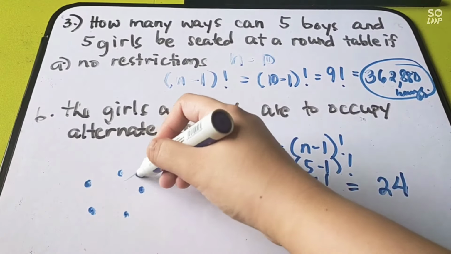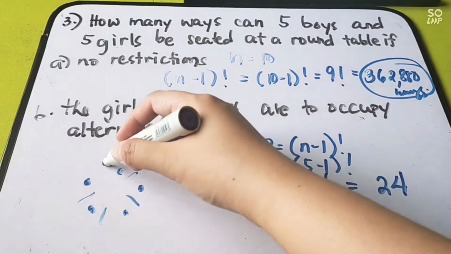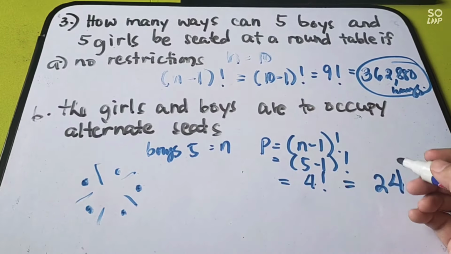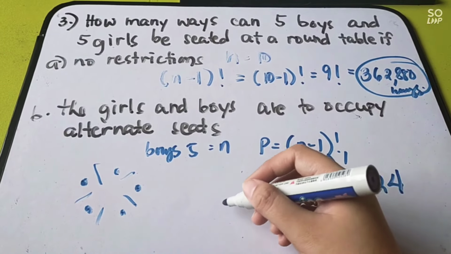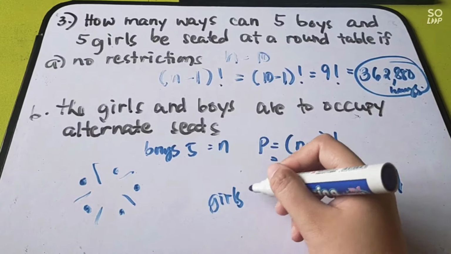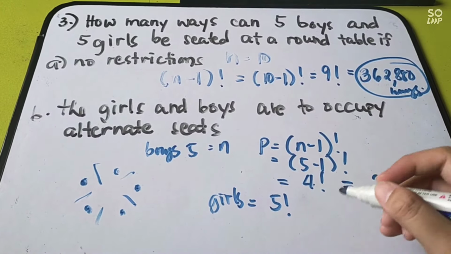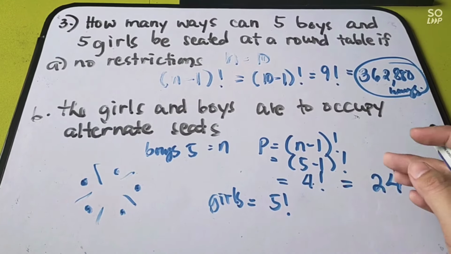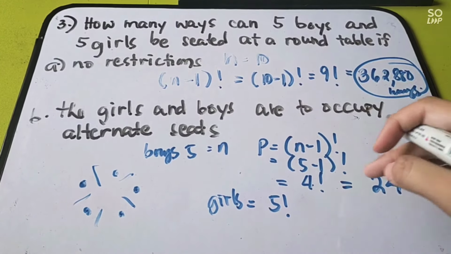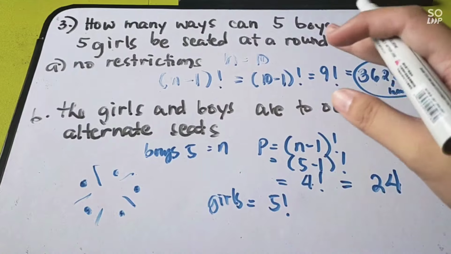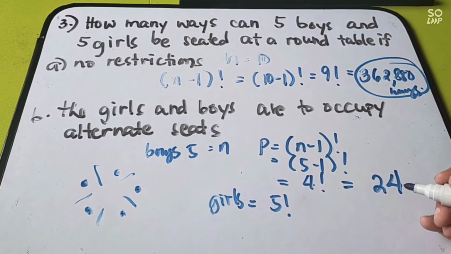Para na siyang linear permutation na. Ang permutation na ni girls is 5 factorial na. Palinear na siya, kasi naiikot natin na si boys, ilalagay mo na lang si girls dun sa gitna ng mga lalaki.